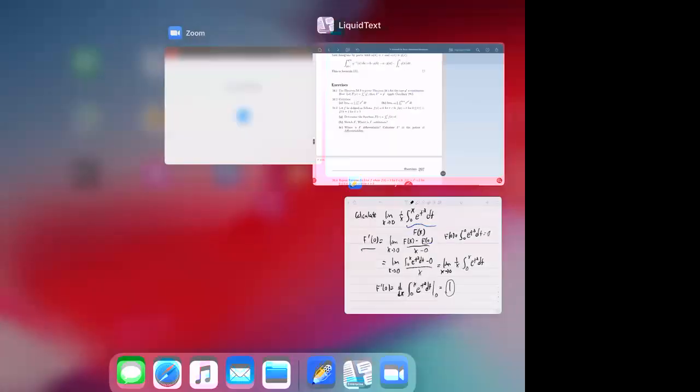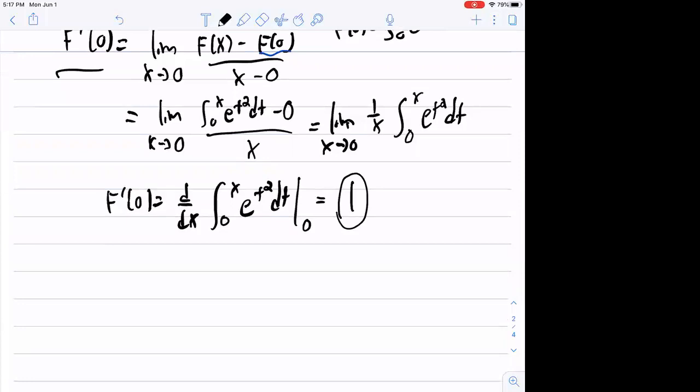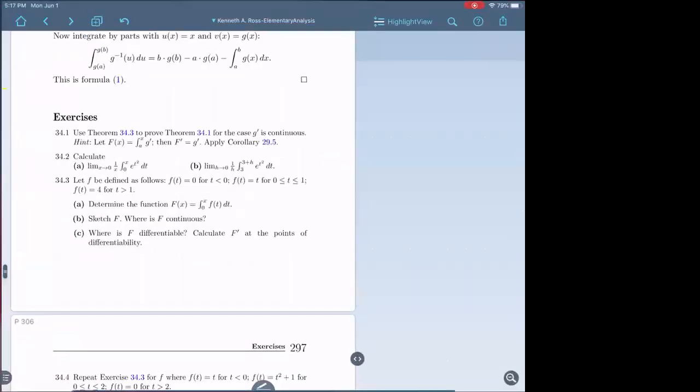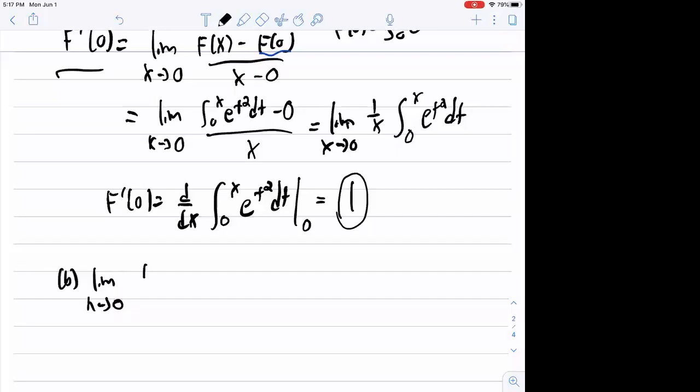Part B is the same. What is part B? The limit as h goes to 0, so this is using the other definition of limit, of the integral from 3 to 3 plus h of e to the t squared dt.